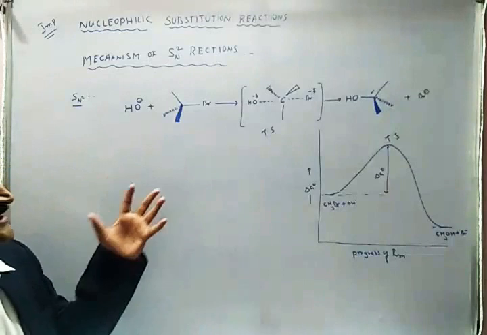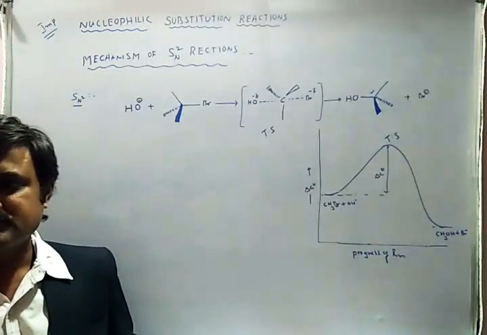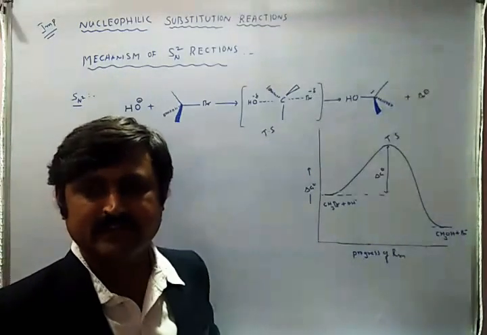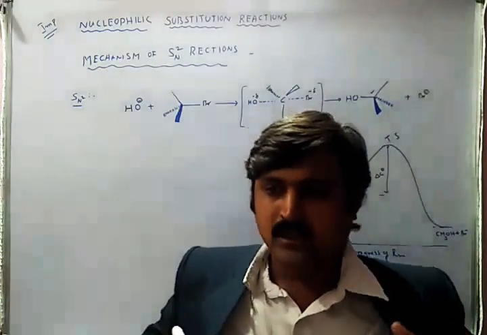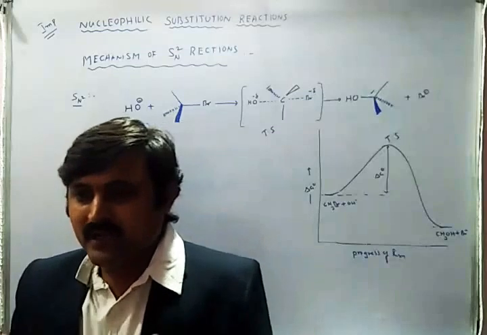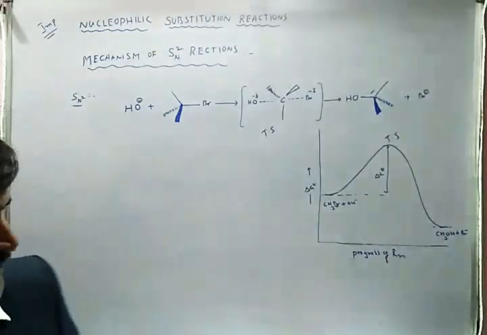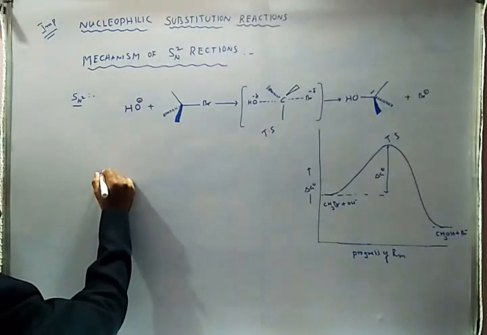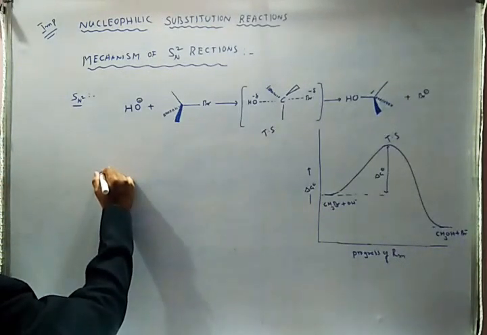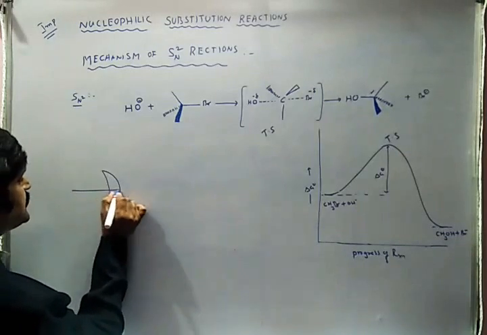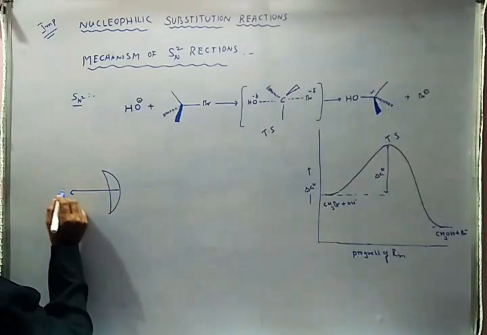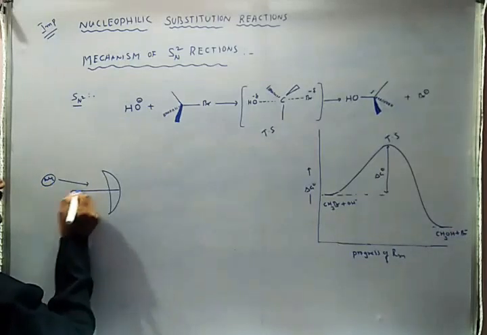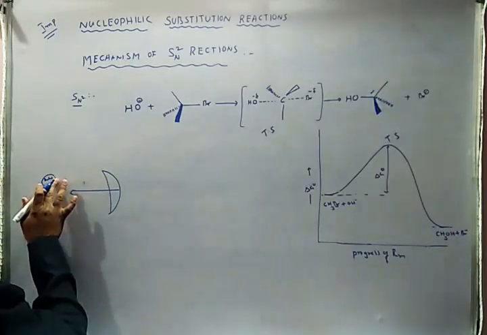So the best way of visualizing this movement of the groups bonded to the carbon at which substitution occurs is to picture an umbrella that turns inside out. For example, if you take an umbrella like this, that umbrella turns inside out if a nucleophile comes like this. What will happen?